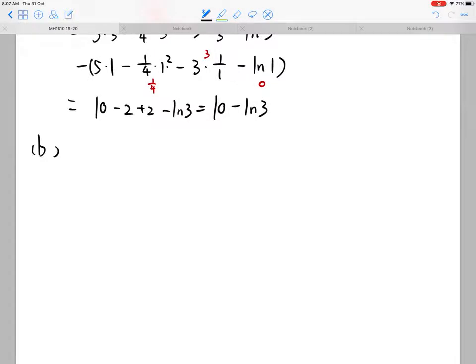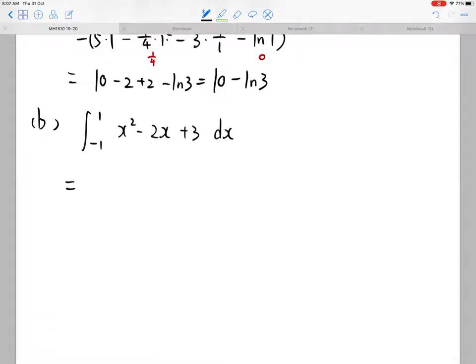Part B is the integration of x squared minus 2x plus 3 dx. So x squared, what's the integration? It should be x cubed times 1 over 3. For 2x, the integration should be x squared. And for 3, the integration is 3x, from negative 1 to 1.